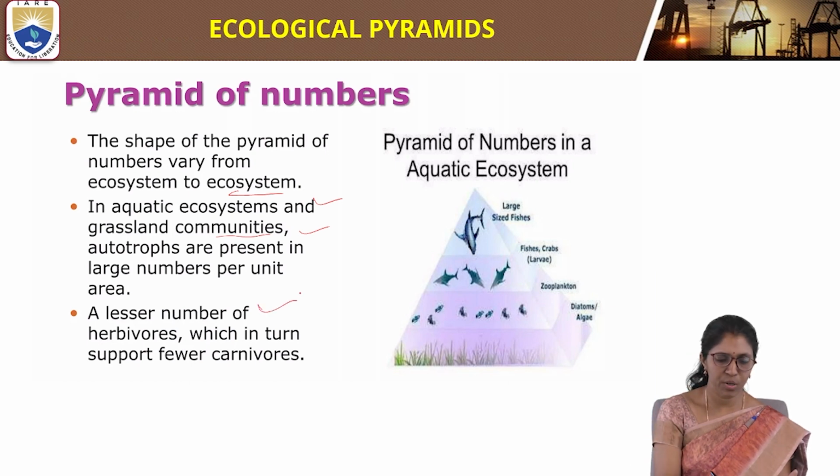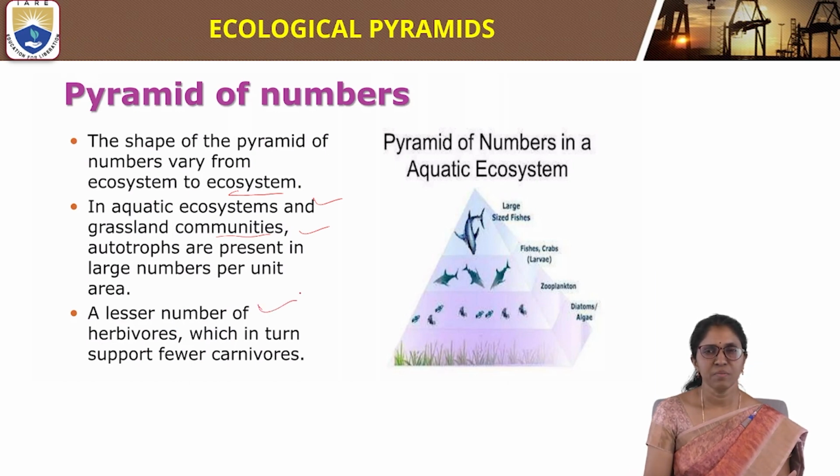There is a lesser number of herbivores, which in turn support fewer carnivores. So here we will get an upright pyramid.